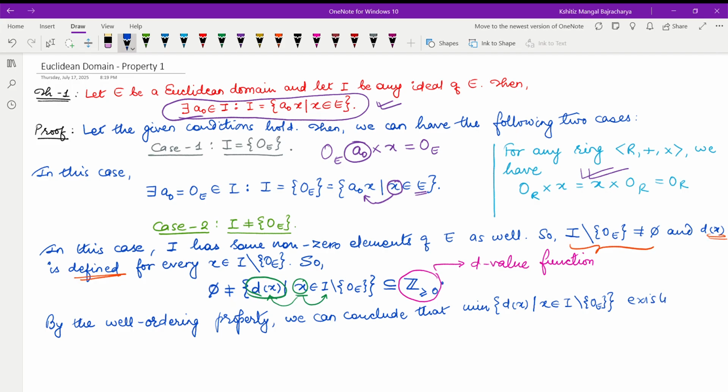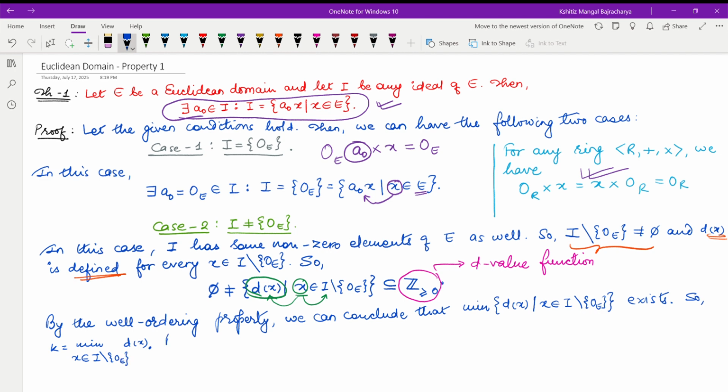This minimum element of this set exists. So let us take k to be equal to the minimum of these d values, x belongs to I minus the 0 element.